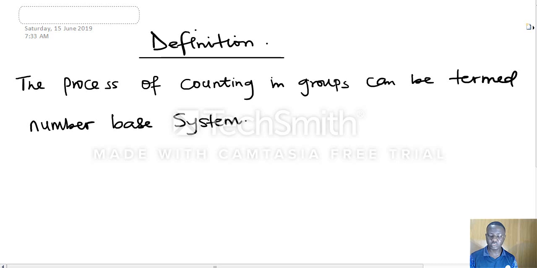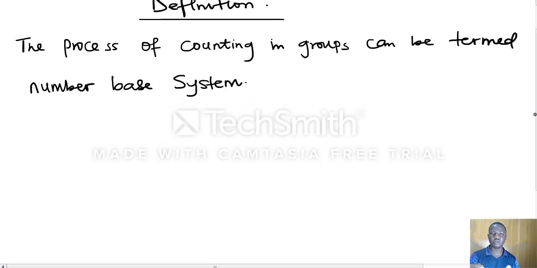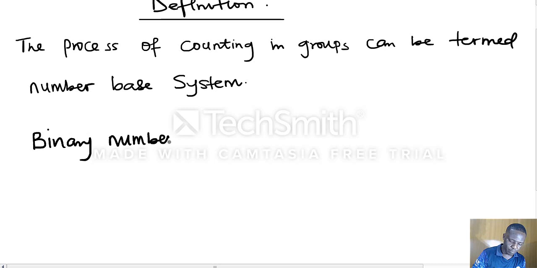The process of counting in groups can be termed as number-based system. And we said the process of counting in groups of twos can be said to be the binary number system.